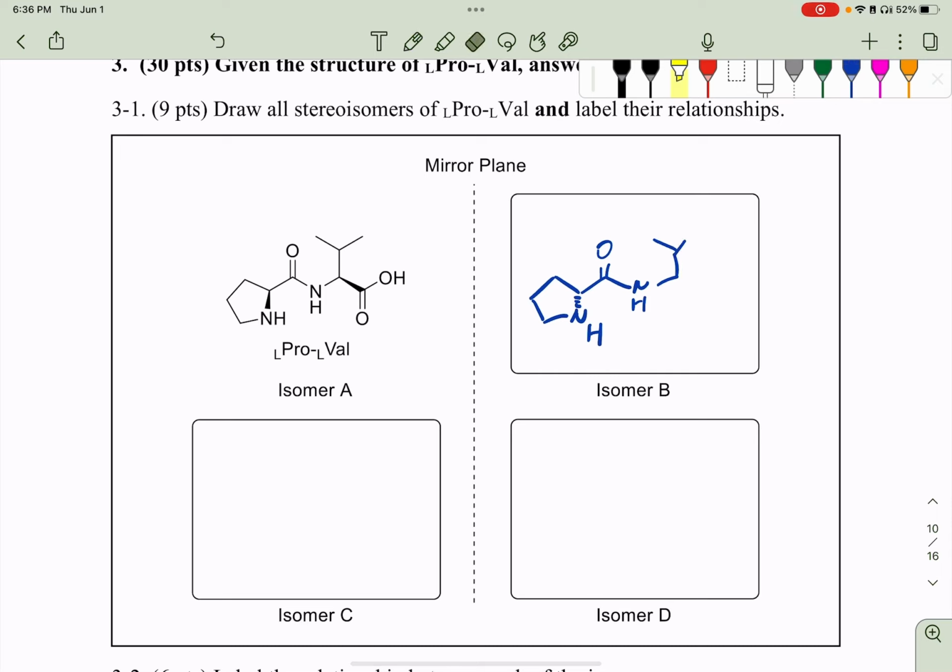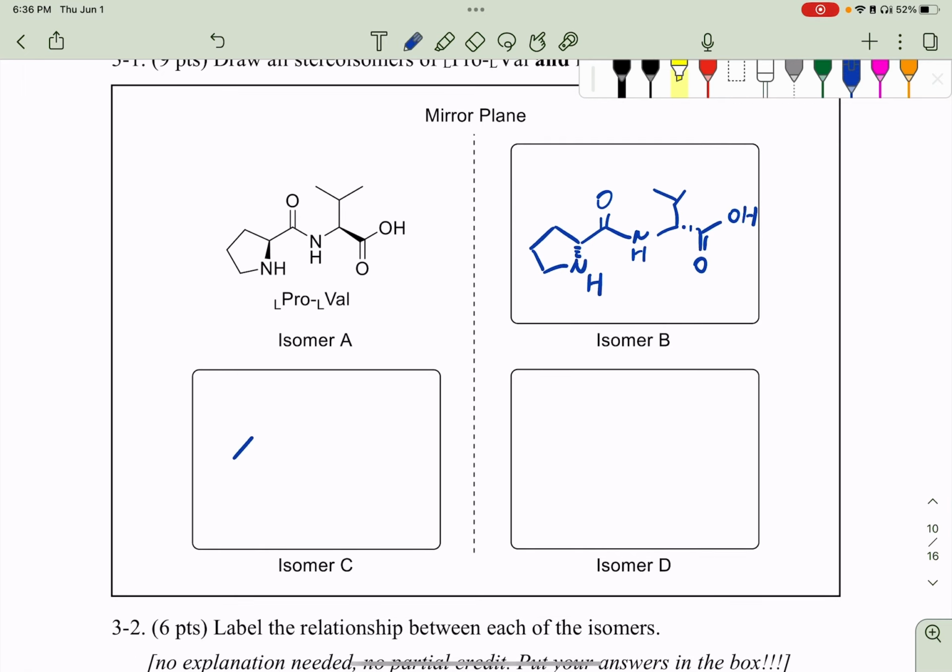And this one used to be a wedge, so let me just make it a dash. All right, and then we have stereoisomer C. Let's see, just changing one of it. O and H. Oh, this one must be dashed.